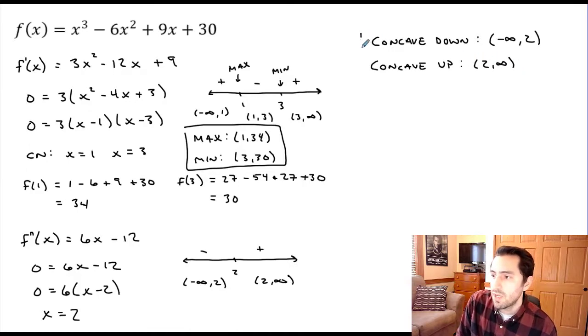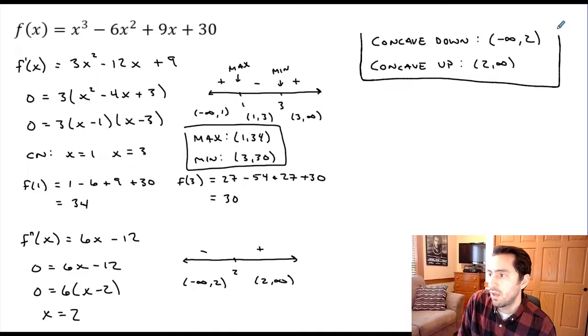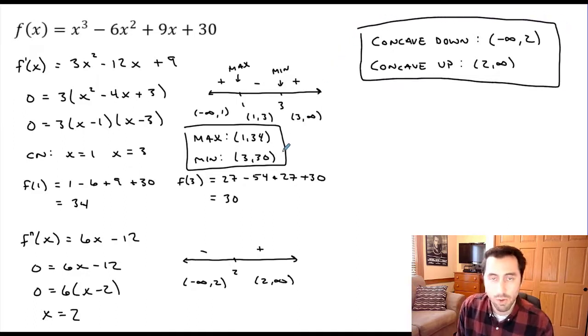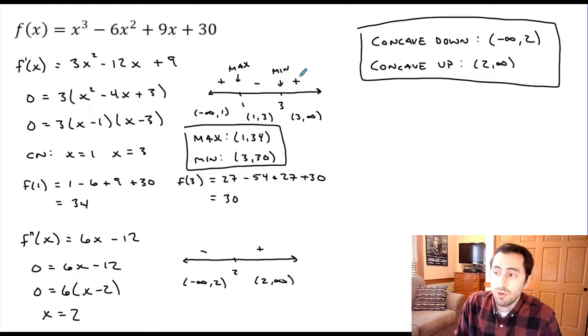Now, the reason I wanted to do this, and I wanted to compare our first derivative, our local extrema, and take a look at the concave up and down, is because I wanted to point out that they're not necessarily the same. So where our function changes from increasing to decreasing, or decreasing to increasing, that indicates a local maximum or a local minimum.